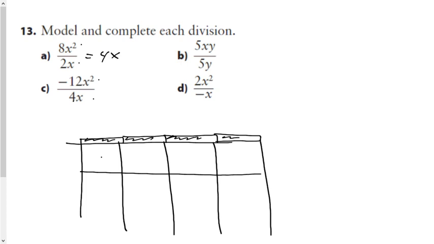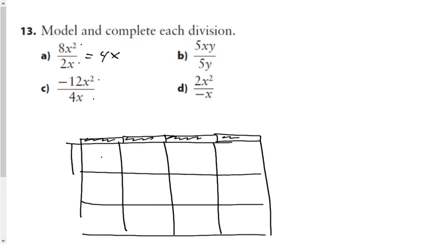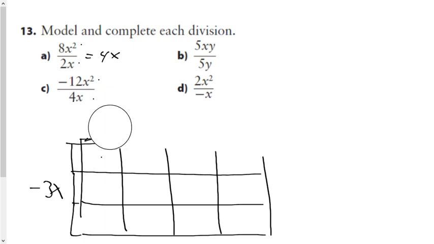There's 1, 2, 3, 4, 5, 6, 7, 8, 9, 10, 11, 12. Now I have my areas, and I don't shade them in because they're negative. And over here, there's my missing side. Are those going to be positive x's or negative x's? Negative. So the solution is this. The missing side length is 3x. Negative 3x, thank you.